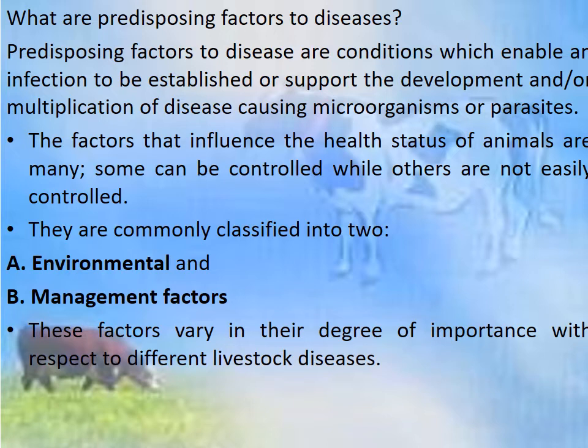These predisposing factors usually influence the health status of animals in many areas and degree. While some of these health influencing factors are controllable, others are not that easily controllable.